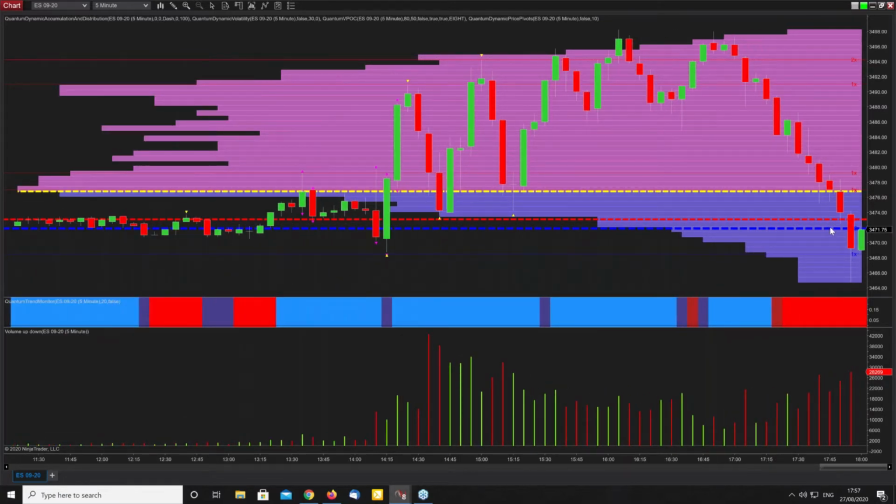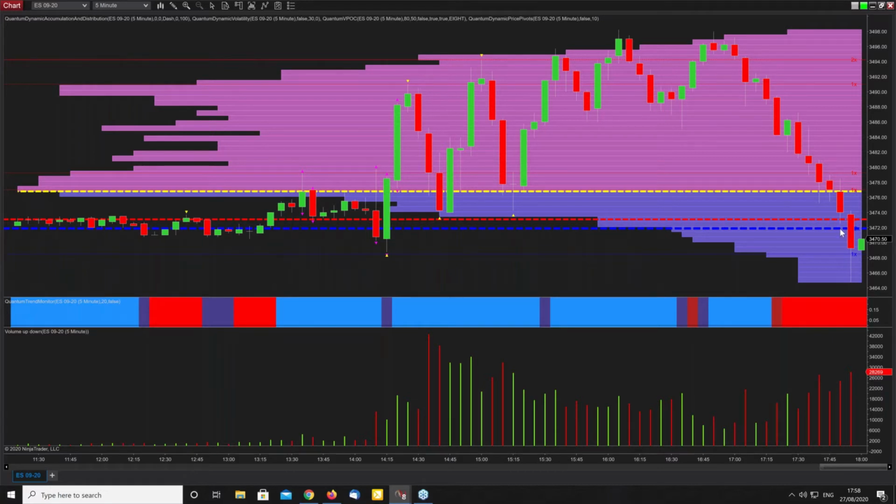And the reason it's strong is because in their own right, these levels are well developed. The thicker the line, you can see, this is a level that was tested twice and held. These ones here were single results, but down here, these are much stronger. They're wider because they've been tested multiple times and held. Now, in their own right, they're strong. So here, obviously, they were acting as support, and then that was breached under decent volume.